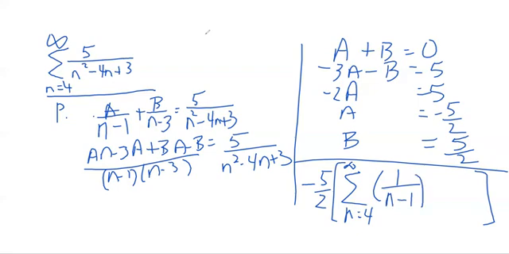Now, because I factored out a negative, the second expression is going to be a negative. So I'm going to have to figure out the summation of 1 over n minus 1, subtract the summation of 1 over n minus 3, and I'm going to multiply the result by negative 5 halves. And we're going to show out of all this craziness, we're going to have a convergent sum.